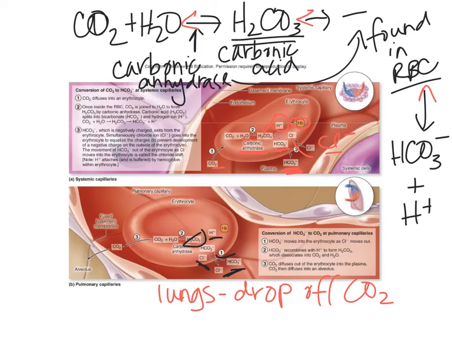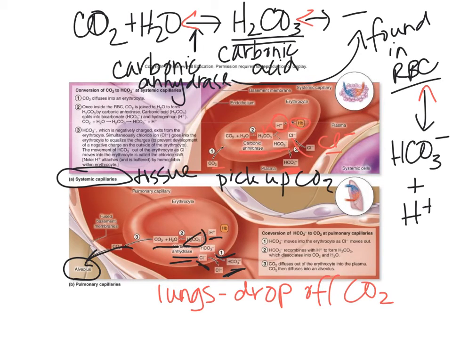They make carbonic acid. Carbonic anhydrase breaks this down into carbon dioxide and water, and then carbon dioxide can cross the respiratory membrane, and then it gets exhaled. I think this kind of image simplifies it. So just remember, this is what's happening at the tissue, and the systemic capillaries, how we pick up CO2. And this is what's happening at the lungs and how we get rid of CO2.